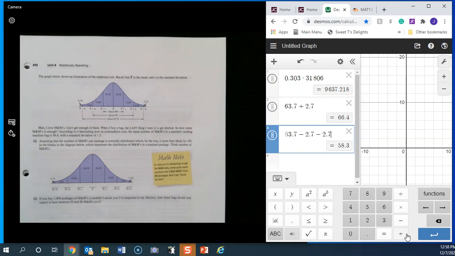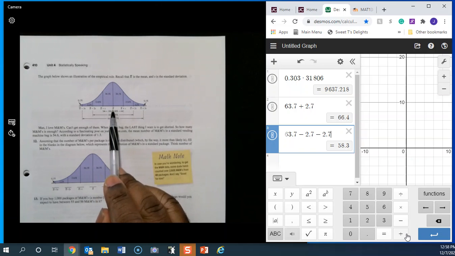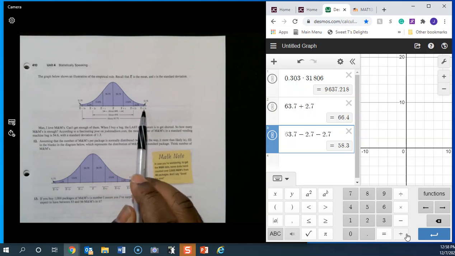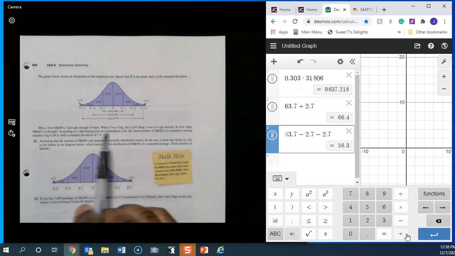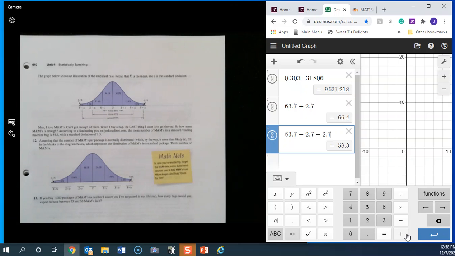So now we're going to take this, and if you notice here, we have the X bar, which is the mean. We had a mean plus 1 standard deviation, plus 2 standard deviations, plus 3 standard deviations. And we know repeated addition or repeated subtraction is basically multiplication.